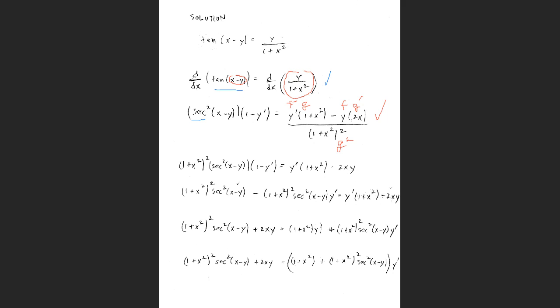But naturally, what I want to do here is multiply both sides of this equation by the quantity 1 plus x squared raised to the second power. That's what we're going to do here.